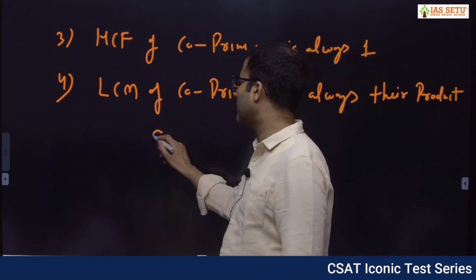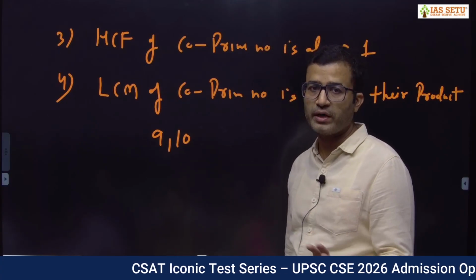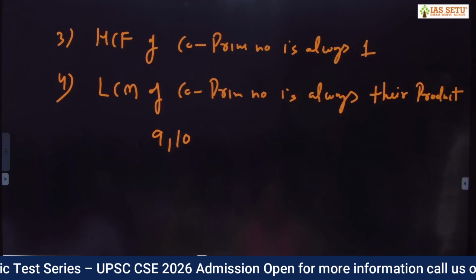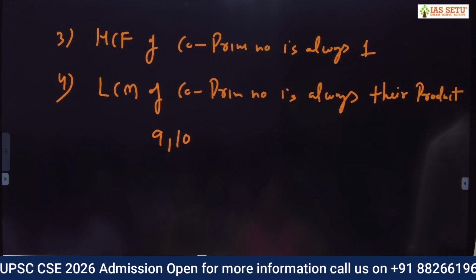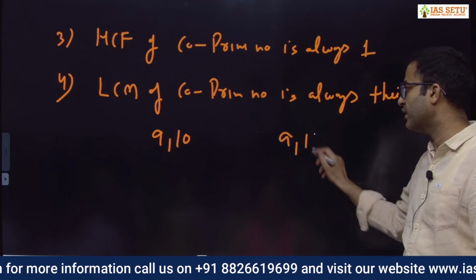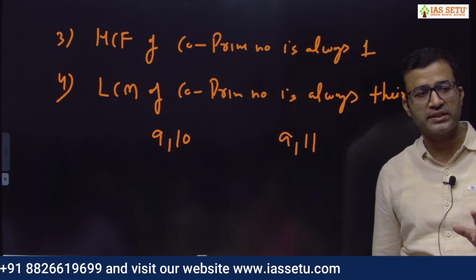Like for example, what is the LCM of 9 and 10? Although I have not taught you LCM, you can say based on this observation, LCM of co-prime numbers is always their product. So what is the LCM of 9 and 10? 90. If I ask what is the LCM of 9 and 11, you can directly say 99. I will teach you what is LCM, what is HCF, but later.